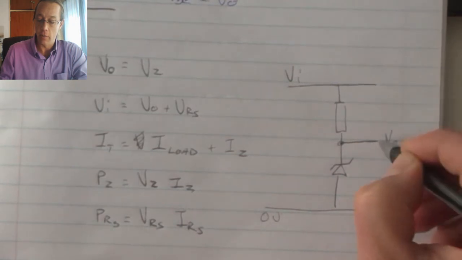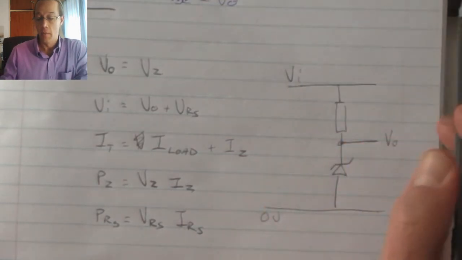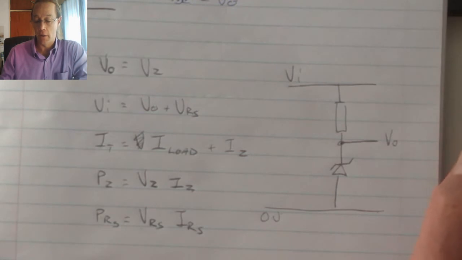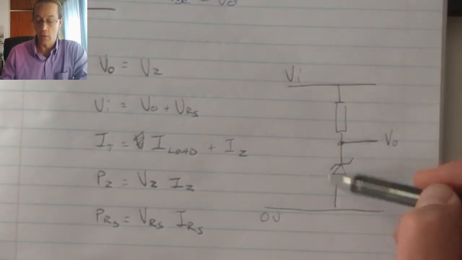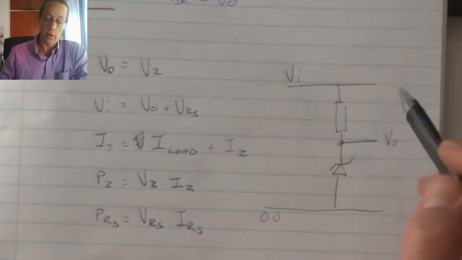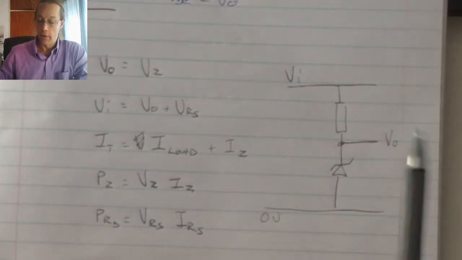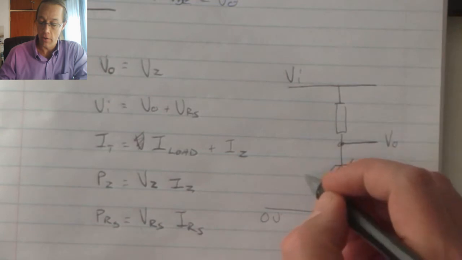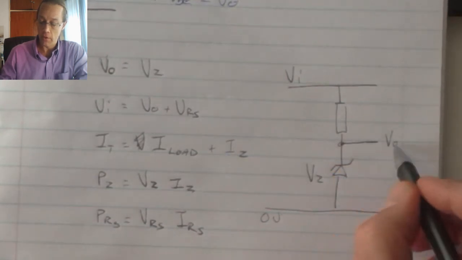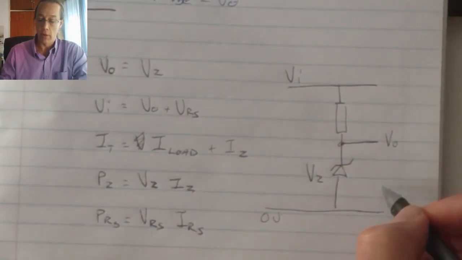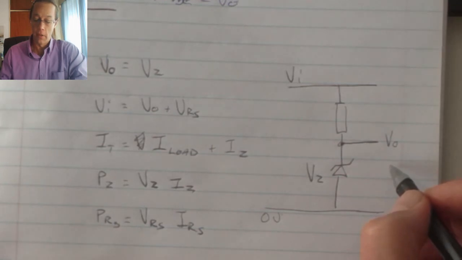So that's V out, that we know connects to the base collector junction of the transistor in order to operate as a regulator. Now we can see from this that the voltage that develops on the Zener diode is equal to the voltage that is going to be on the output.